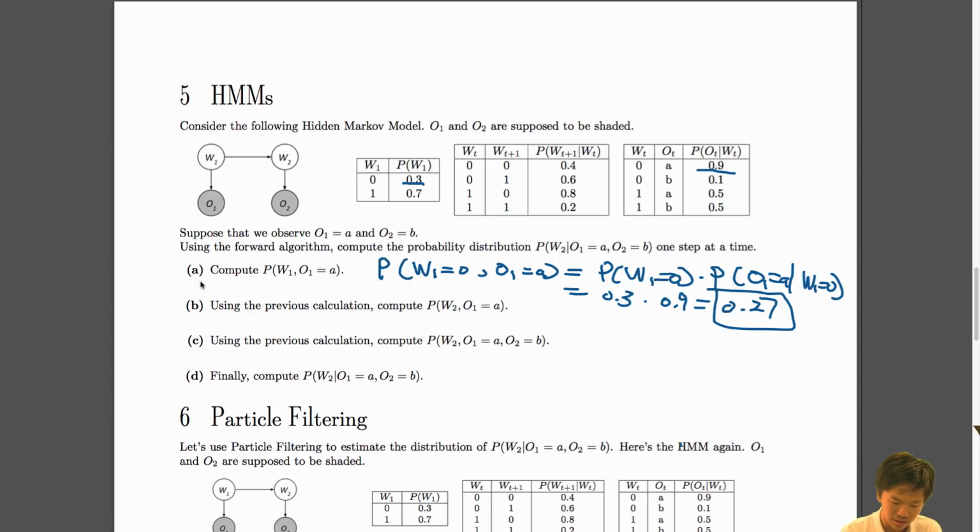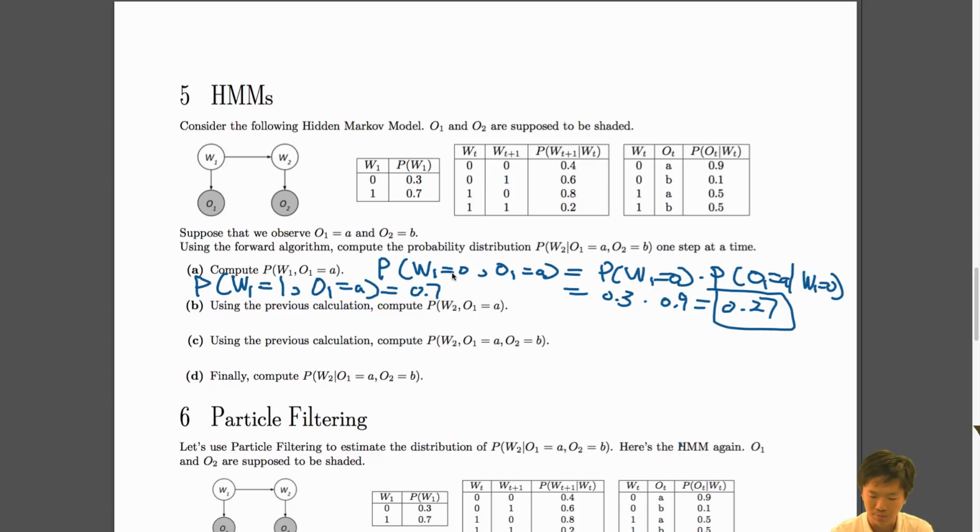Now let's take a look at what's going to happen with P(W1 = 1, O1 = A). So we apply the same logic. The first term in the multiplication will be the probability of W1 equals 1. In this case, that will be 0.7.